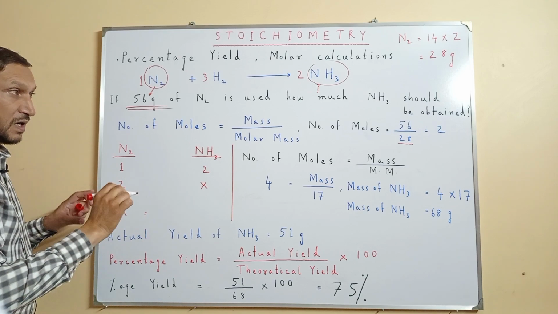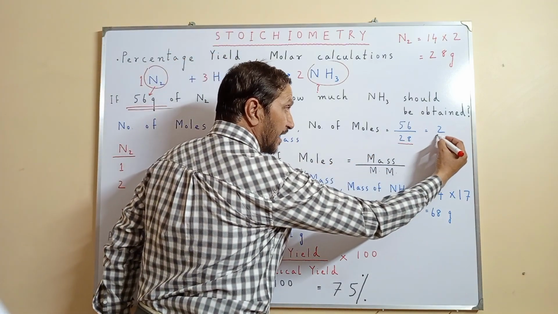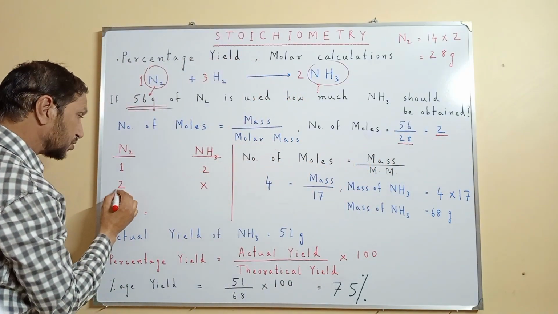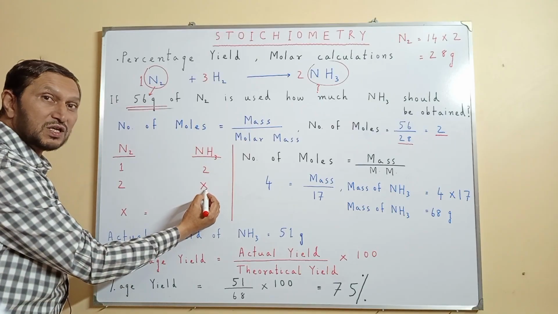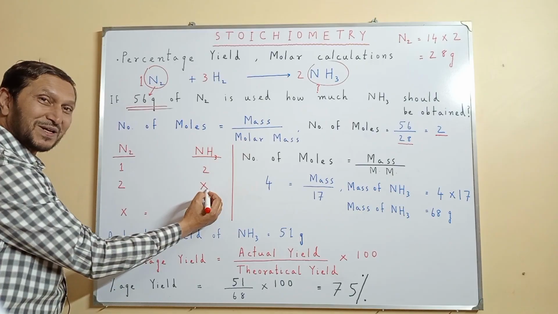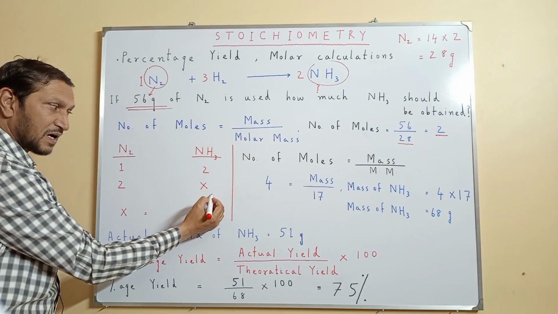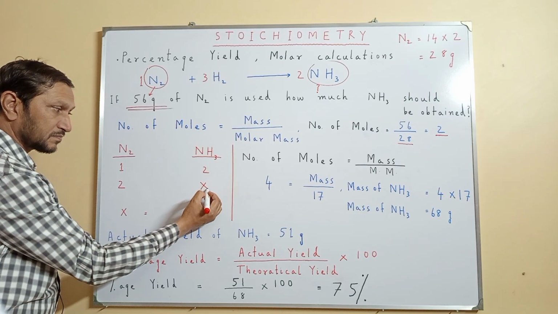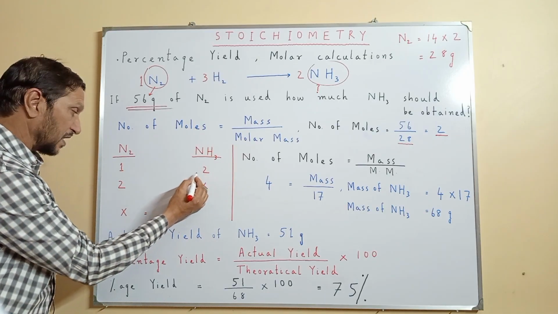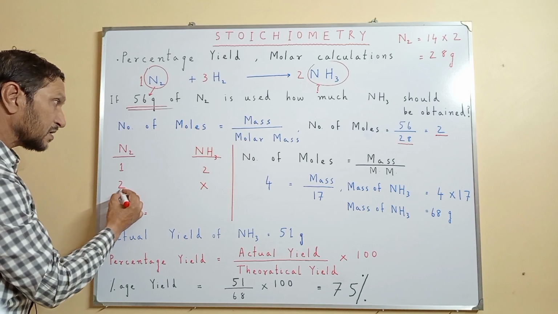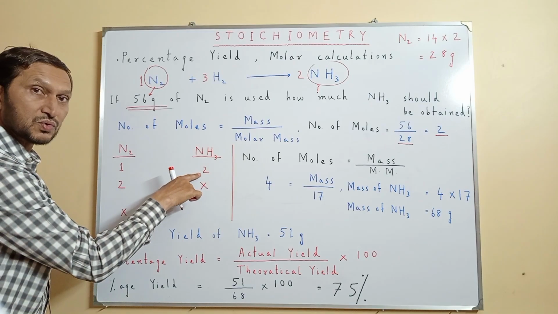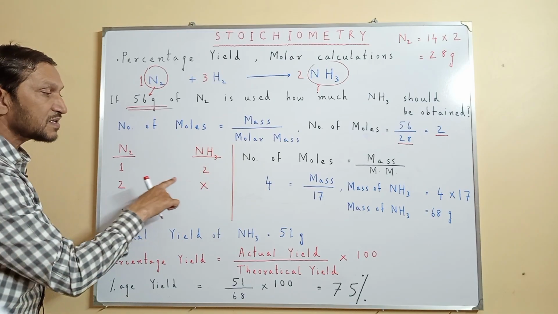Now the number of moles available for nitrogen is 2, so how much ammonia will be produced? We will find out by the ratio method. This is X. If 1 mole of nitrogen gives 2 moles of ammonia, then 2 moles of nitrogen gives 4 moles, double, because twice 2 is 4.